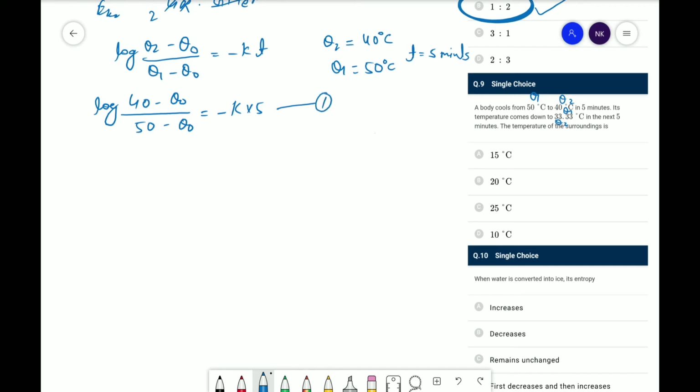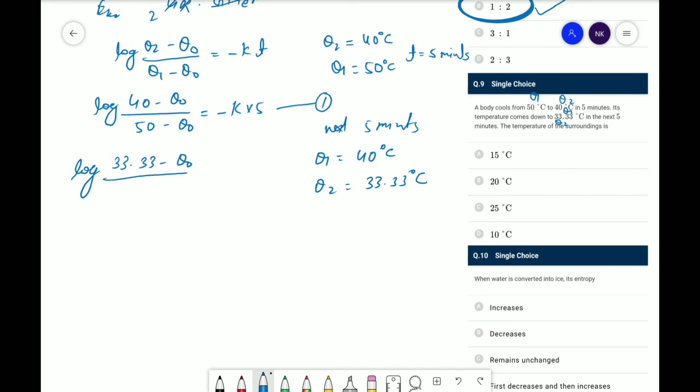For the next 5 minutes, theta 1 will be 40 degrees Celsius and theta 2 will be 33.33 degrees Celsius. Therefore log of (33.33 minus theta naught) divided by (40 minus theta naught) will be equal to minus k into 5. This is equation 2. Therefore we can equate equation 1 and 2, taking the antilog on both sides.